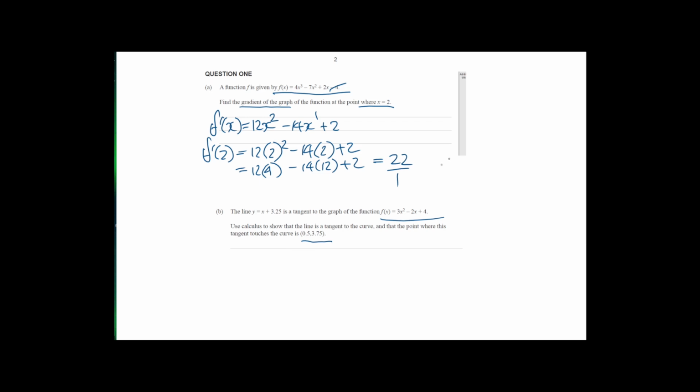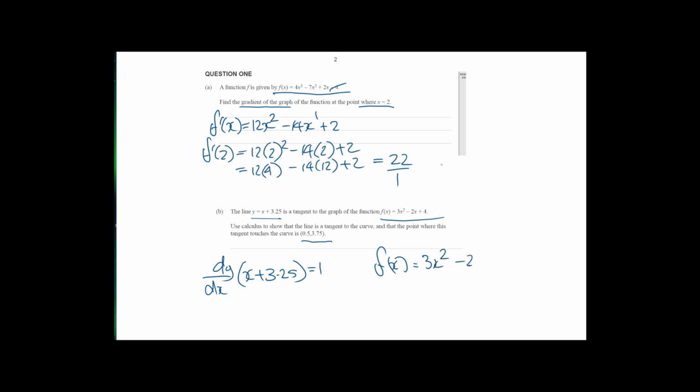So when we differentiate that to find the gradient, we find 1. So dy dx for that one equals 1. And when we differentiate this one up here, there's the original function.